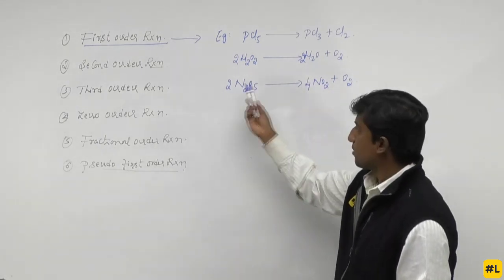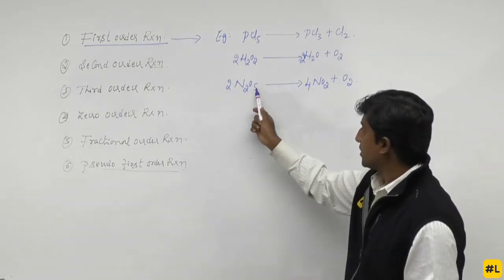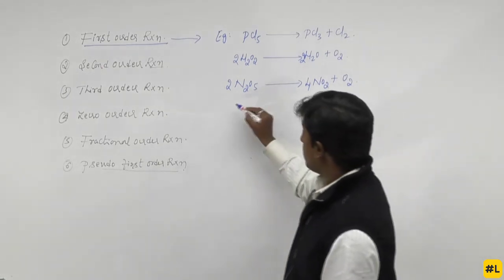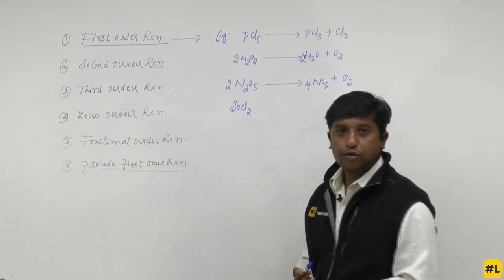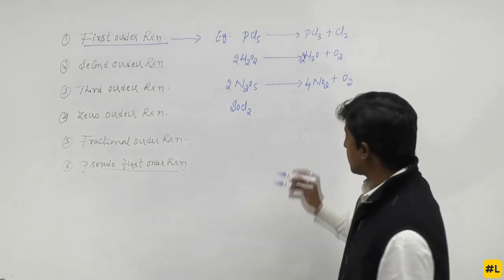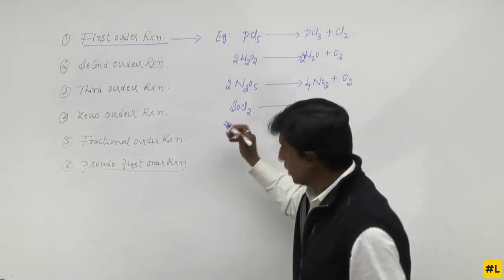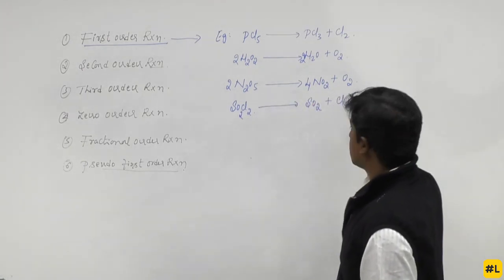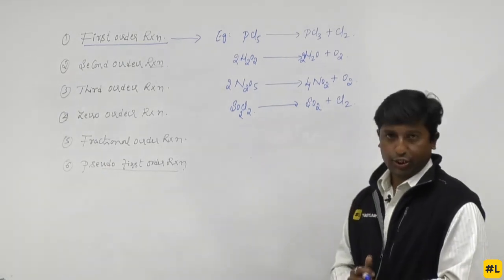So, 2 into 2 gives 4 atoms of nitrogen on the left hand side, 4 nitrogen; 2 into 5 gives 10 atoms of oxygen; 4 into 2 is 8, 8 plus 2, 10. I take one more example, sulfuryl chloride, SO2Cl2, decomposes to give SO2 plus Cl2. Again, this is an example for first order reaction.